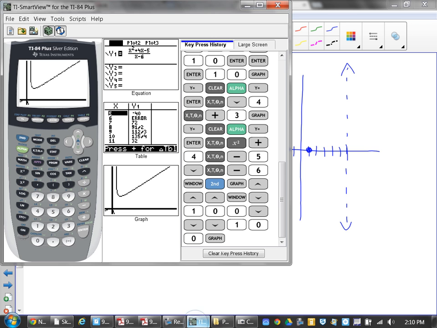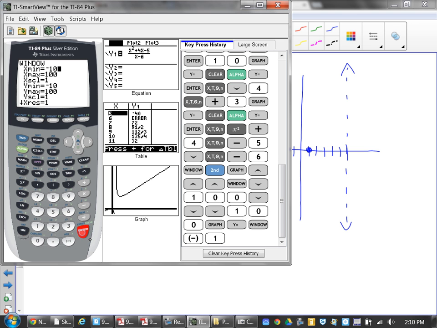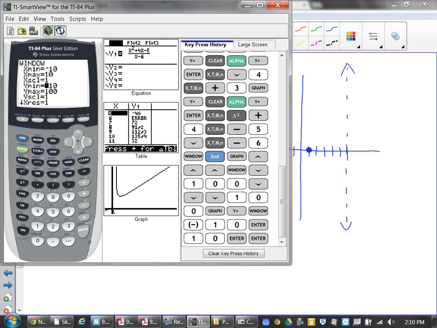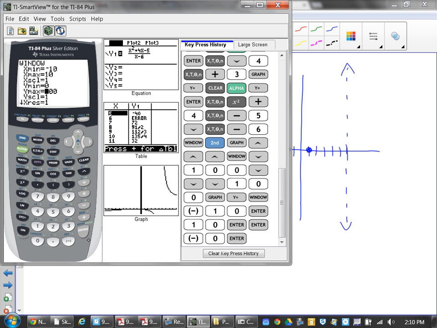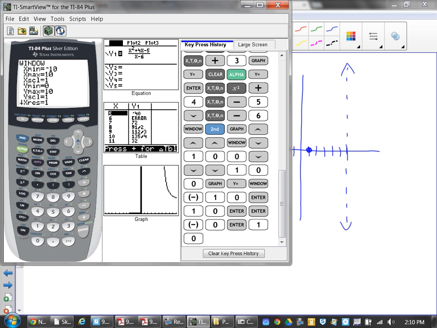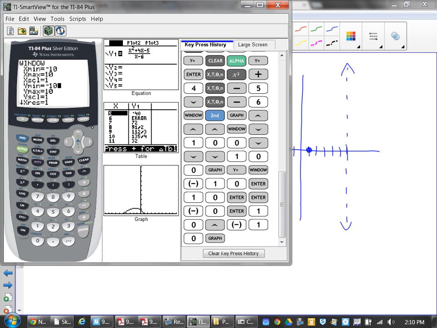So I'm going to go to my calculator. Hey, it's convenient that I had it in there. I believe your window is probably at negative 10 by 10. So if I go to look at the graph, I get something like that, if you're at a 10 by 10 window, right?